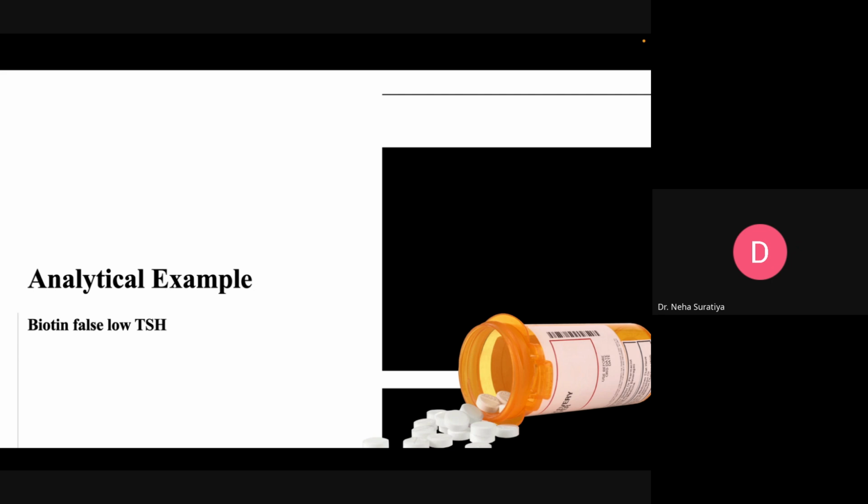Now, let me just give you an idea about quality control. When we talk about the instrument phase, the analytical phase, always we must be aware of quality control. So to prevent this kind of analytical errors, laboratories use the QC system, that is the quality control system. Internal quality control checks are done daily to ensure machines are working correctly and properly.